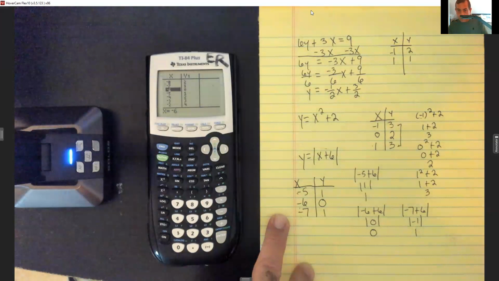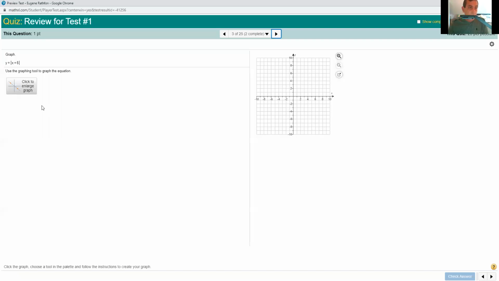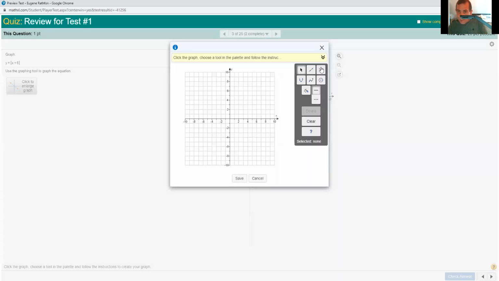So I would click the graph. All right, so absolute value is the V looking tool, and it'll say absolute value when you hover over it. So click that. Remember, the first point I got to plot is -6, 0.